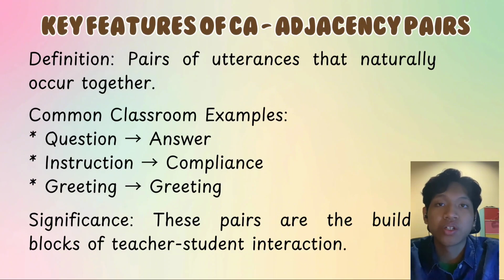This control is a defining characteristic of classroom discourse. It ensures order, but it also means the teacher decides who gets to practice the language. The methods of allocation are usually calling a student's name, pointing to a student, or asking a collective question.